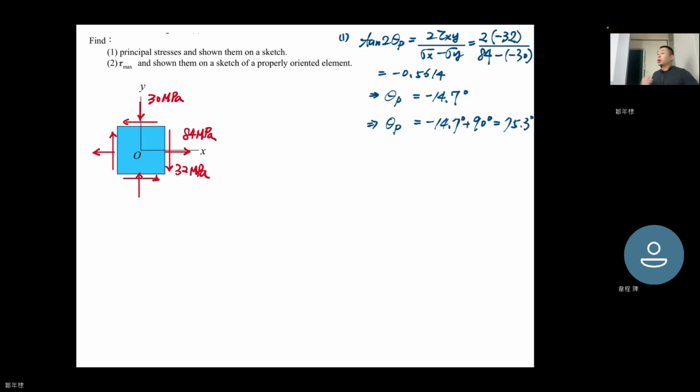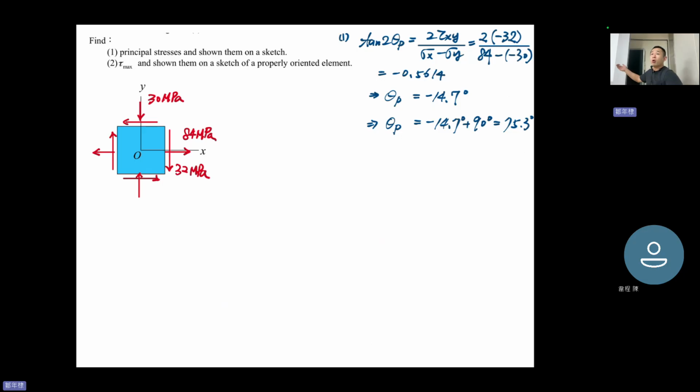Okay? Again, you know that sigma 1 plus sigma 2 equals sigma x plus sigma y, which means they have 90 degree differences, and you can see the triangle is rotating 180 degrees.